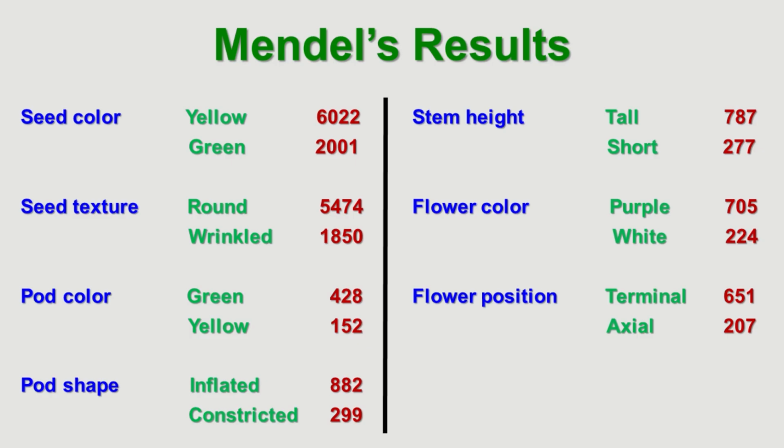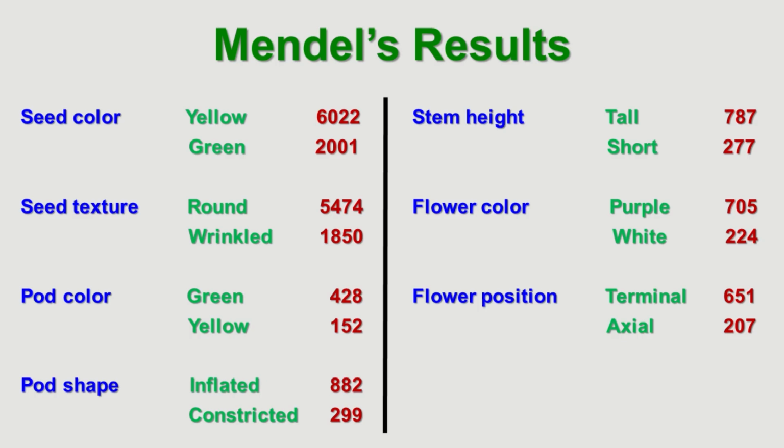Here we see the numbers he counted for each trait in the F2 generation and reported in his paper, which is accessible on the internet. For example, for seed color, he counted 6,022 yellow seeds and 2,001 green seeds in the F2 generation, which is very close to the 3-to-1 ratio.